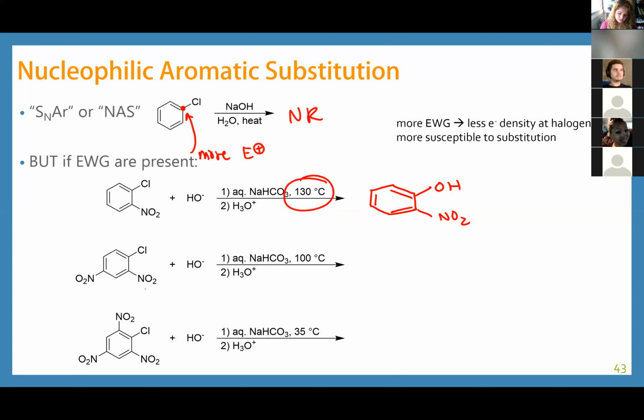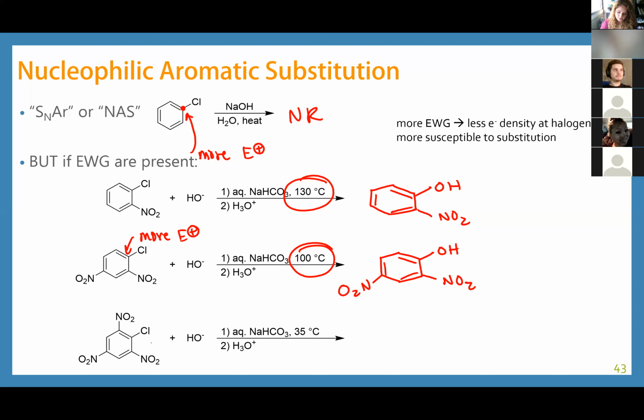If we have 2 nitro groups on there, we have more electron withdrawing groups, and so that makes this even more electrophilic. And so this reaction is going to happen more easily. It's going to happen at 100 degrees. So we have our nitro group, hydroxyl.